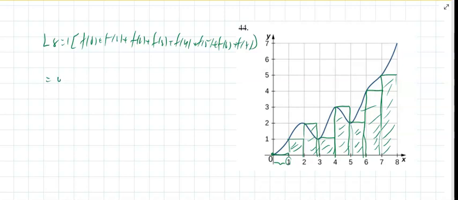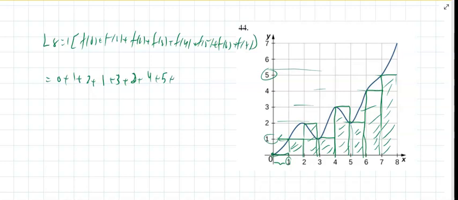F of 0 is 0. Again, I'm looking at the y's. F of 1 is 1. F of 2 is 2. F of 3 is 1 again. F of 4 is 3. F of 5 is 2. F of 6 is 4. F of 7 is 5.